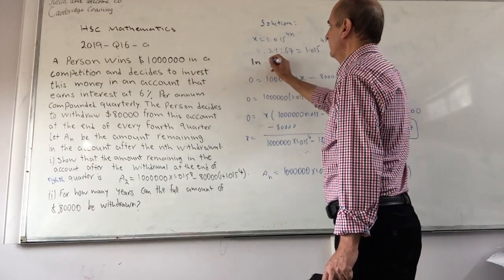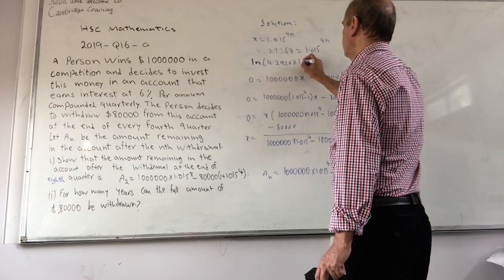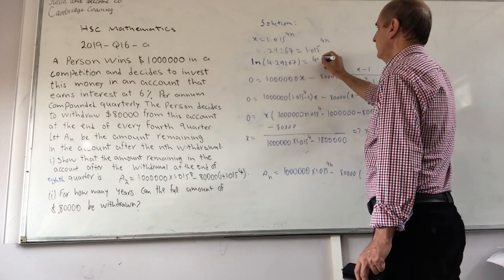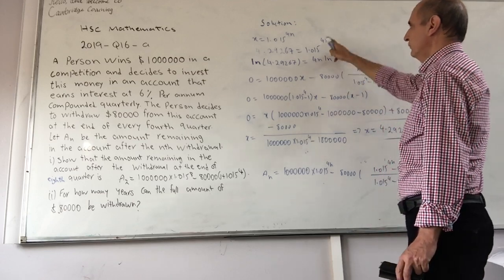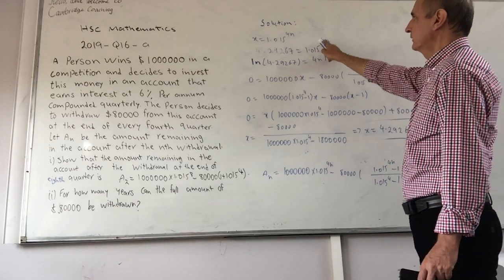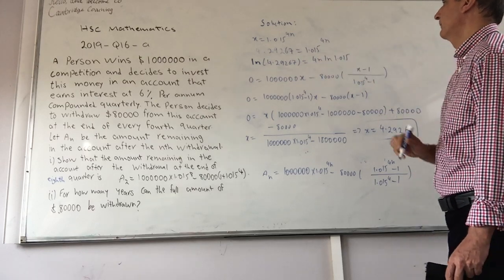So ln of 4.29267 is equal to 4n times ln 1.015. When you take ln, the power goes to the front.